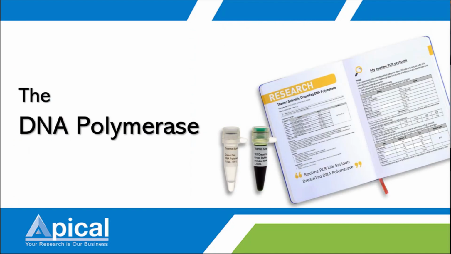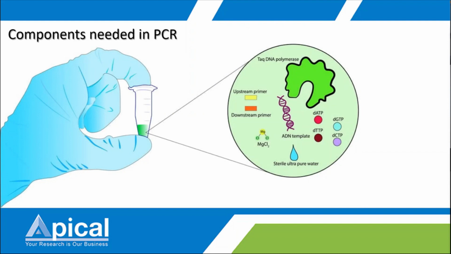So PCR, we start the name with polymerase chain reaction, right? It's a chain of reactions using the DNA polymerase. So we know that DNA polymerase is the most important thing in PCR. In a PCR reaction, you will need all these components.